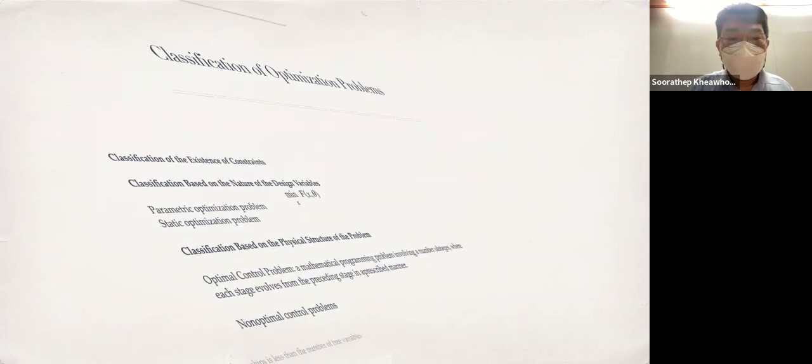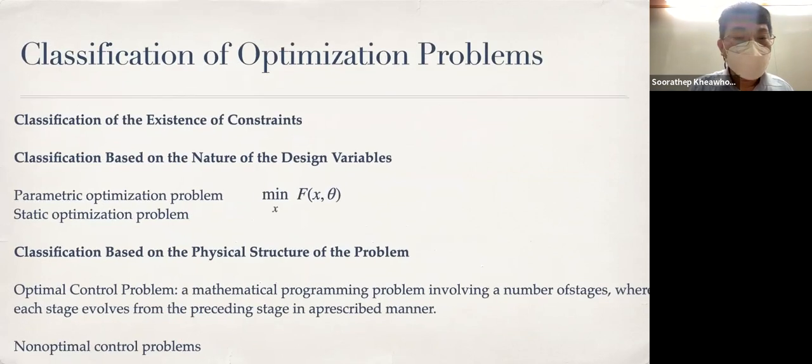Okay, and last time we talked about the classification of optimization problems. Remember, we can classify based on various things. For example, existence of constraint. It can be an unconstrained problem or a constrained problem. Of course, an unconstrained problem is much easier to solve than a constrained problem.